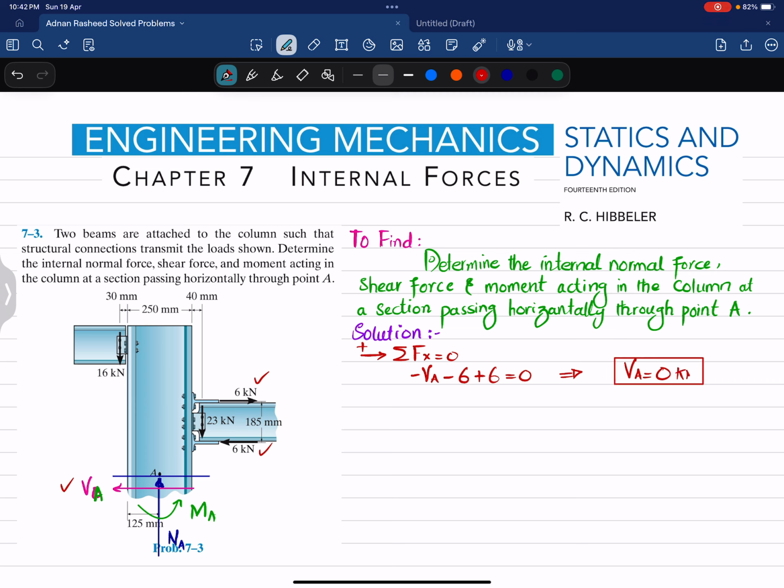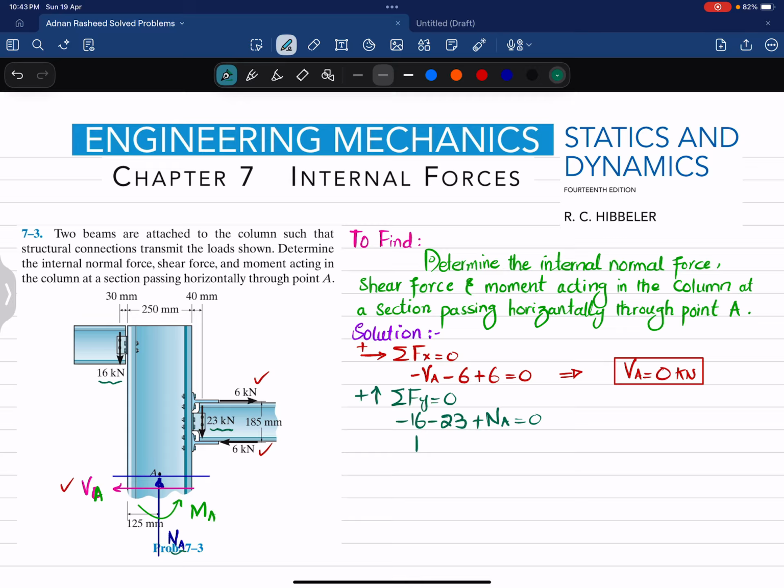Now we will find the second one by applying the equation of equilibrium that the sum of all forces along the y direction must be equal to 0, and upward force is taken as positive. You can see this first one, the 16 kilonewton load, is acting downward, so -16. This 23 kilonewton load is also acting downward, so -23, and this NA is the normal axial load which is acting upward, so the sum will be equal to 0.